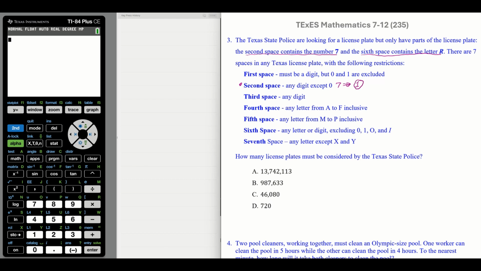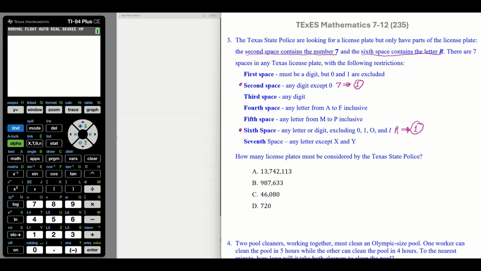Now let's go to the 6th space in the license plate. That has to have an R. So this implies that we only have one option for that one. Now, let's look at how many options we have of the other spaces that are left.